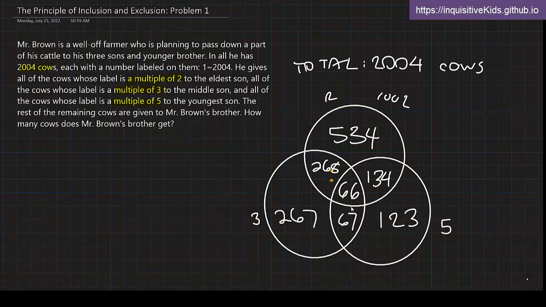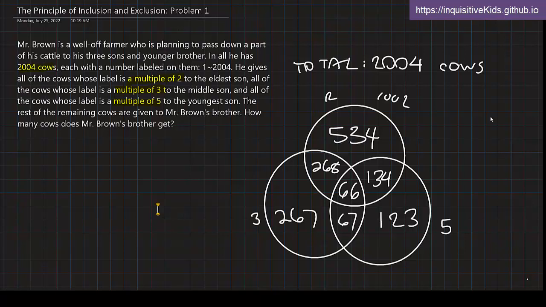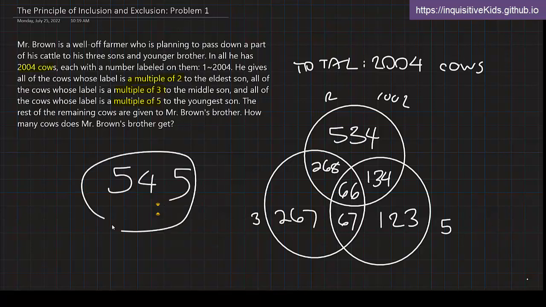So first we're going to have to add all of these up. 534 plus 268 plus 134 plus 267. You can do the math. And then you have to subtract it from 2004. So pause the video and try to subtract this yourself. Alright, so after subtracting from 2004, we get 545. So the final answer is 545 cows.